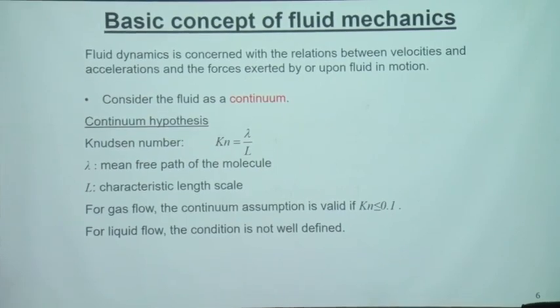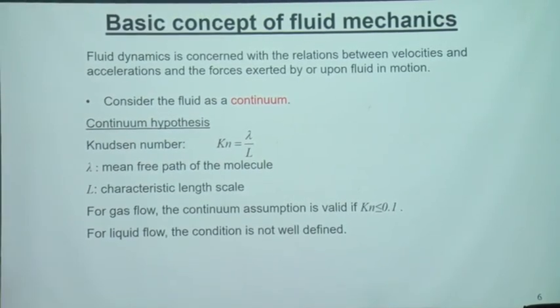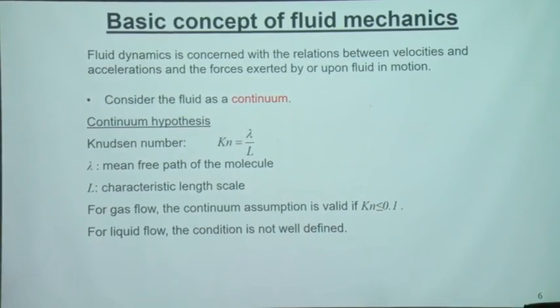Now I'm going to start with the basic concepts of fluid mechanics. I'm sure that most of you know this already. I just want to familiarize you with some of the terms that we're going to use. First of all, we're going to treat blood as a continuum fluid. To treat the fluid as a continuum, it needs to satisfy the continuum hypothesis, and there is a well-known number called the Knudsen number.